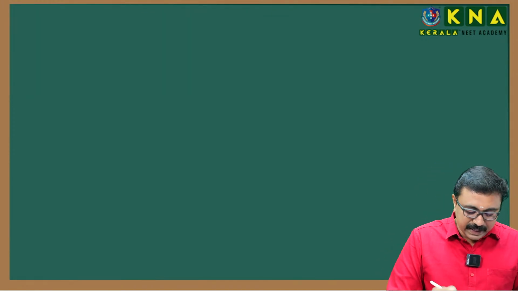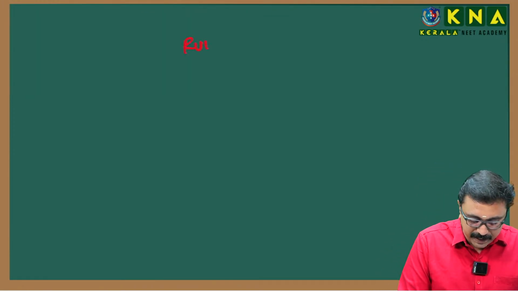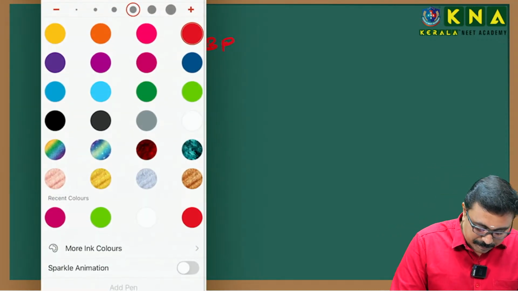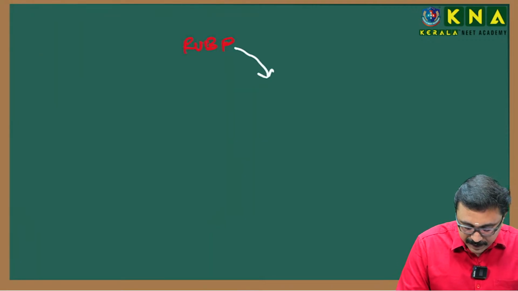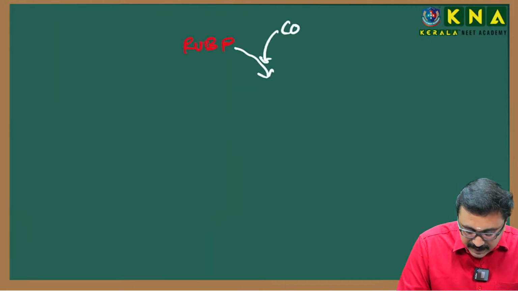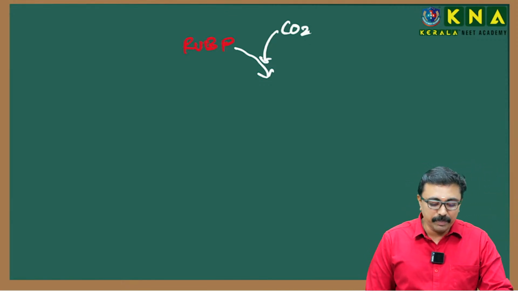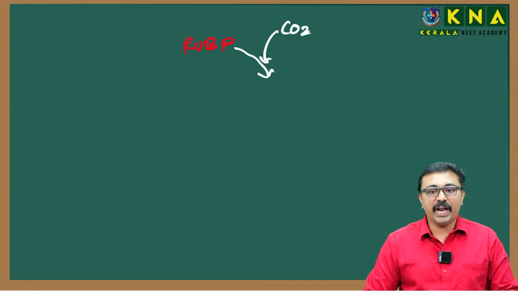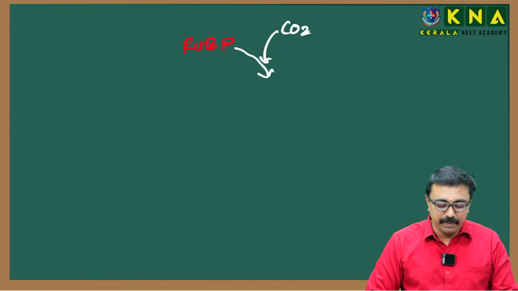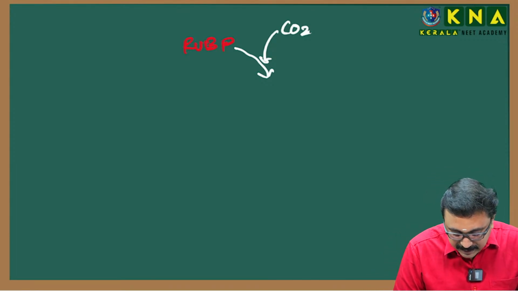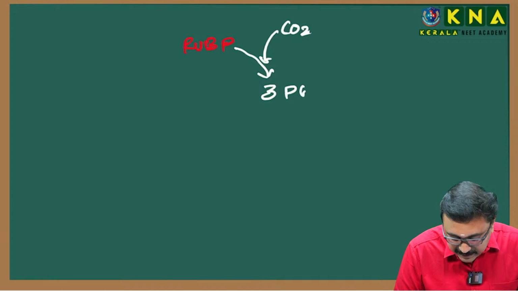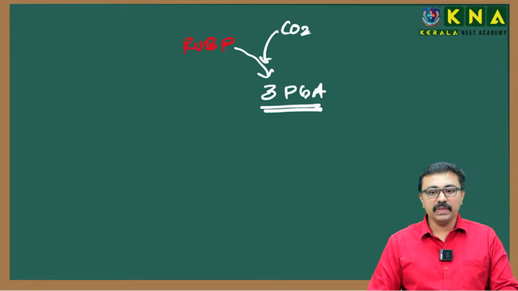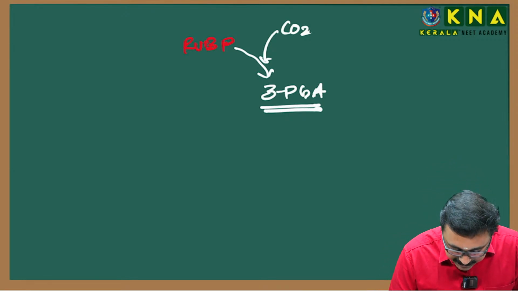We all know that in the Calvin cycle, RuBP combines with carbon dioxide, and it releases a 3-carbon compound which is called 3-PGA, 3-phosphoglycerate.